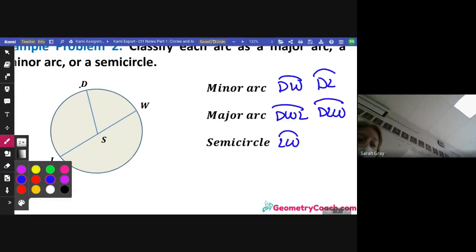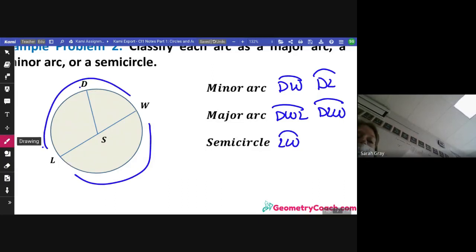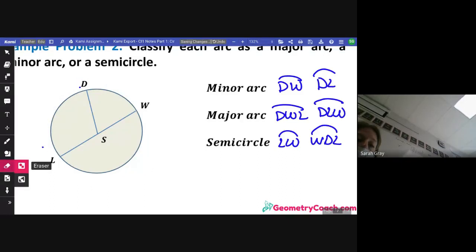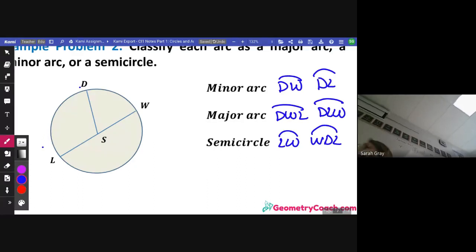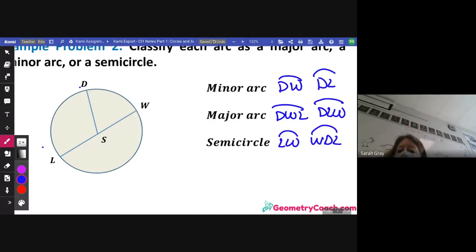It's LW if I'm talking about going along the bottom. How would I label it if I was talking about going along the top? WDL. Every semicircle has another side. Okay, I think that's all of them. Minor arc, less than half. Major arc, more than half. Semicircle, exactly half.